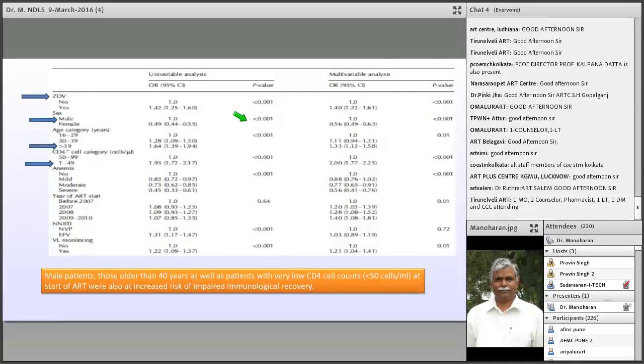And in the same study, they say male patients, those older than 40 years, and patients with very low CD4 counts at the initiation of ART, are also at increased risk of impaired immunological recovery. You look at the data here, it clearly says the immunological recovery is not good in these groups.